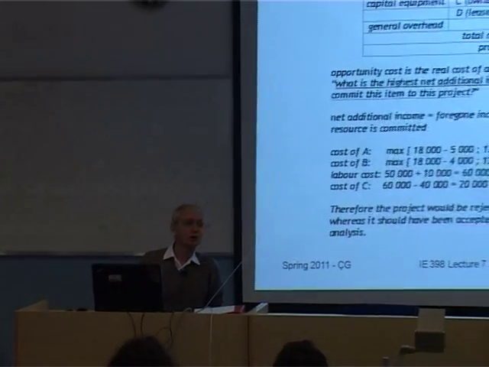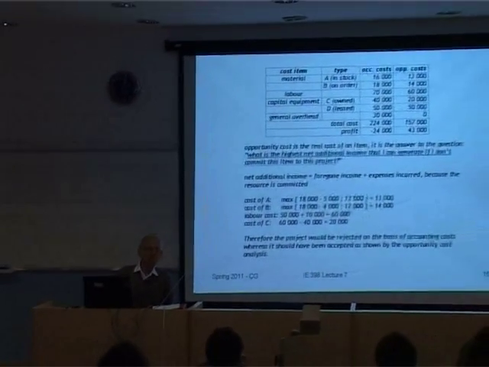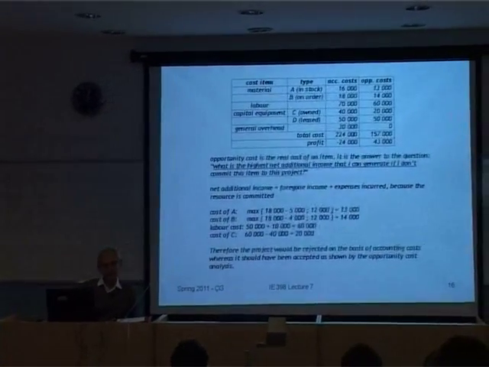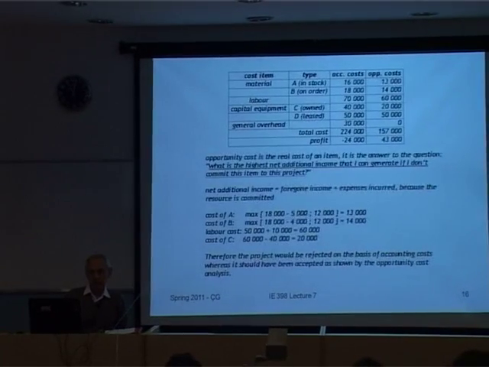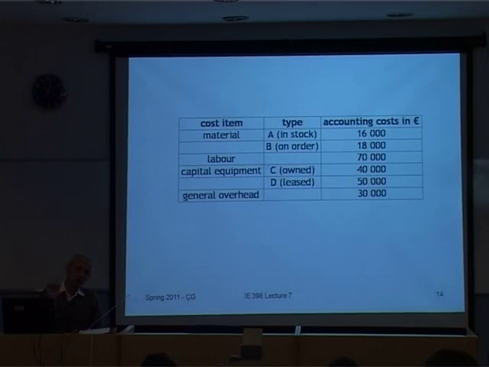The costs are 224,000 euros, which is 24,000 euros more than the offer, 200,000 euros. So if you act on the basis of this information, you should reject the proposal because the total cost is greater than the total benefit, okay?